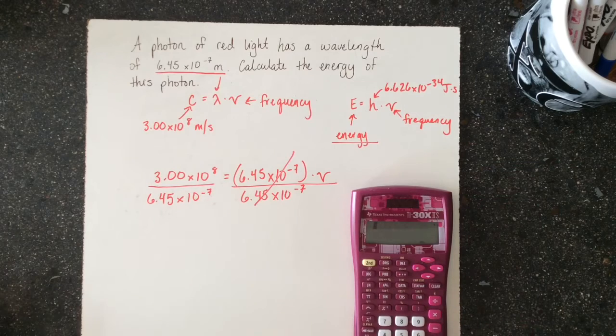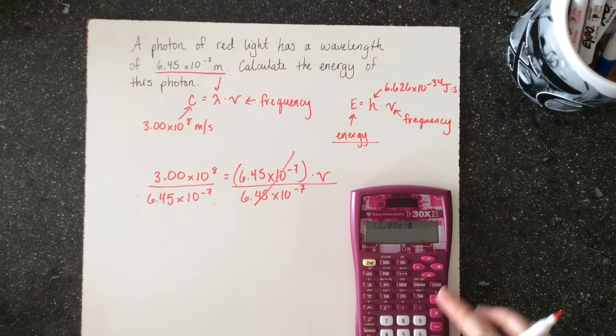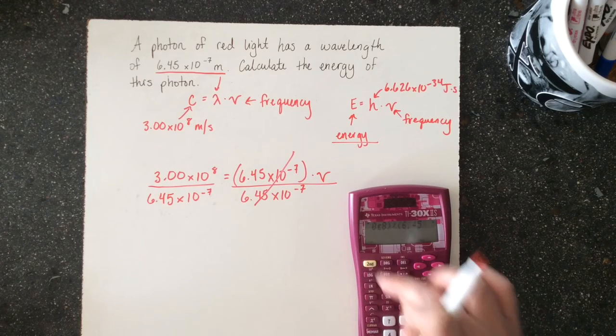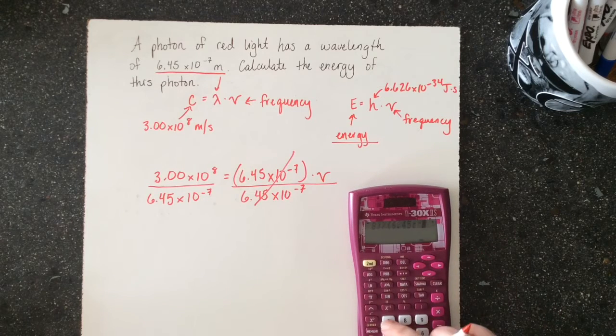In the calculator here, make sure you keep your order of operations straight. So 3.00 times 10 to the 8th, not negative, divided by 6.45 times 10 to the negative 7th.